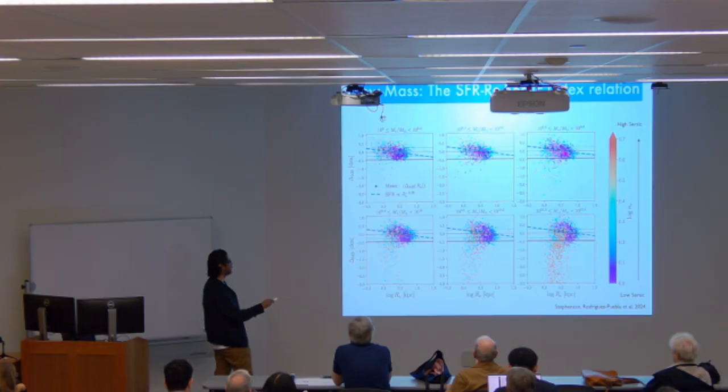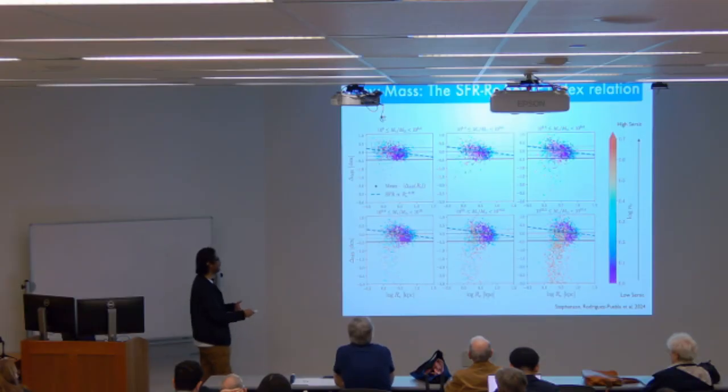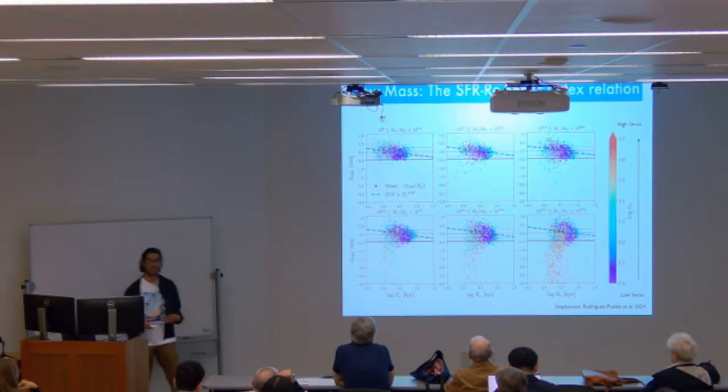Galaxies might be evolving around this relation in some way, but once they reach the top of the star-forming main sequence and have a large, earlier morphology, they will go down to this quiescent region. We are showing here some dashed lines which are not fit to the data, and we are comparing them to the mean relations. I won't have time to discuss this, but we can discuss later during the breaks if you want. These dashed lines are consistent with the Kennicutt-Schmidt law.